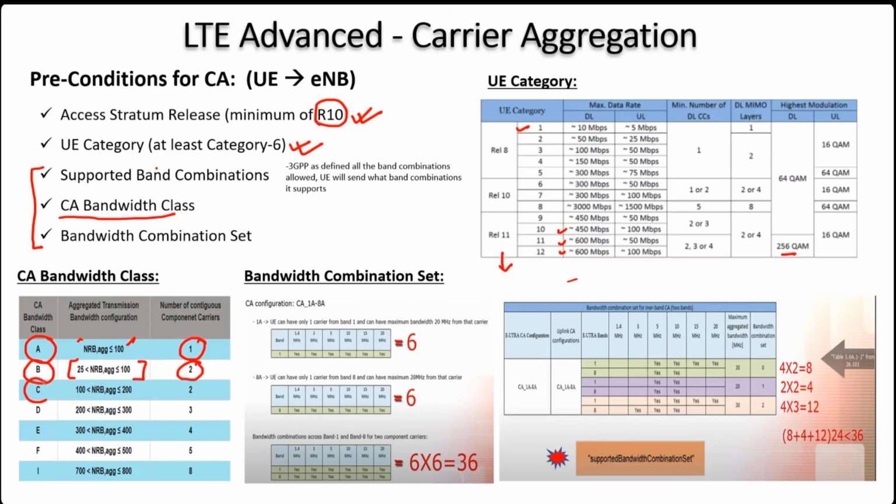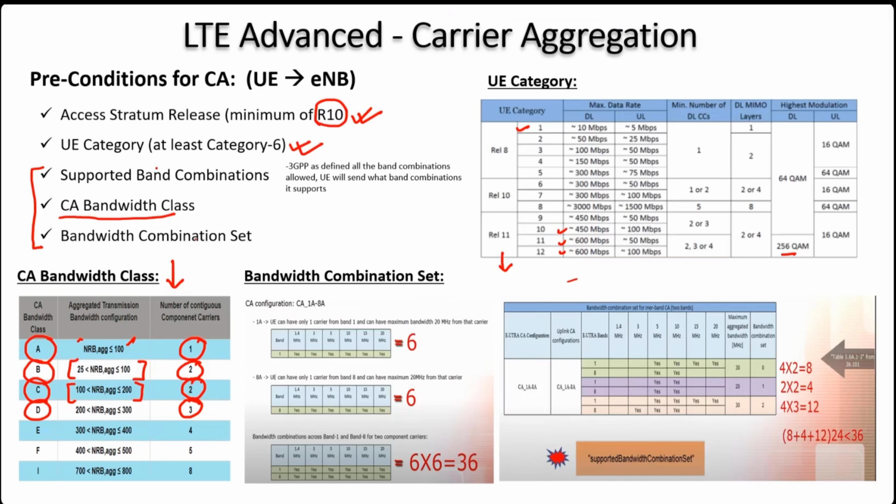When it is class C, it can aggregate from 100 to 200 RBs with 2 component carriers. With D, it can have 3 component carriers. Getting my point, everyone? Yes. This is what exactly the bandwidth class is.